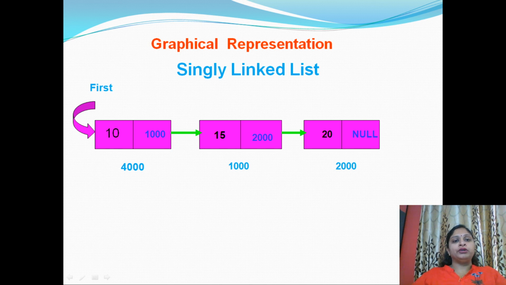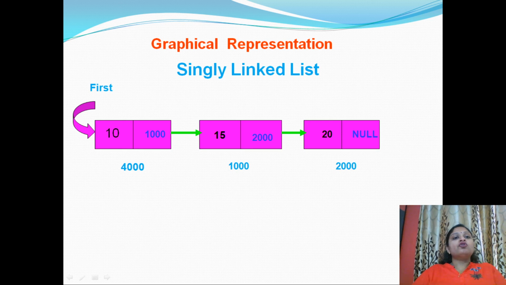In this diagram you can see there are 3 nodes. My first node stores the value 10, the second node stores 15, and the third node stores 20. As I am going to store 3 values in this linked list, I need 3 different nodes. Each node contains a data part and an address part.